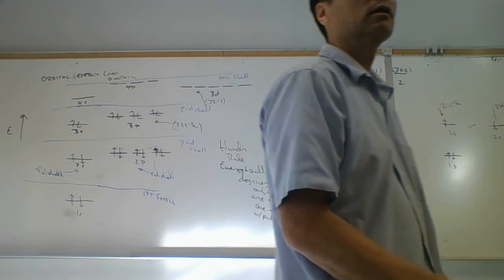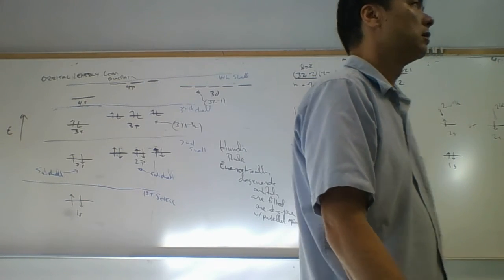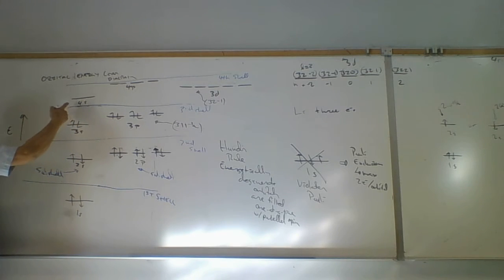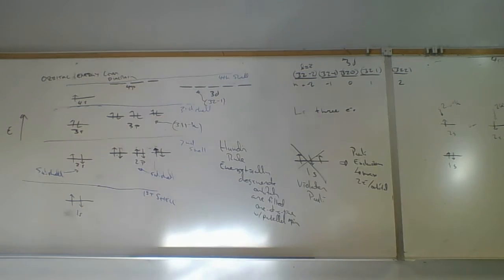After argon, the element is potassium. So potassium is going to have 1 electron in the 4s. Okay, then after potassium comes calcium. Now, what charge does potassium like? Potassium ion, +1.